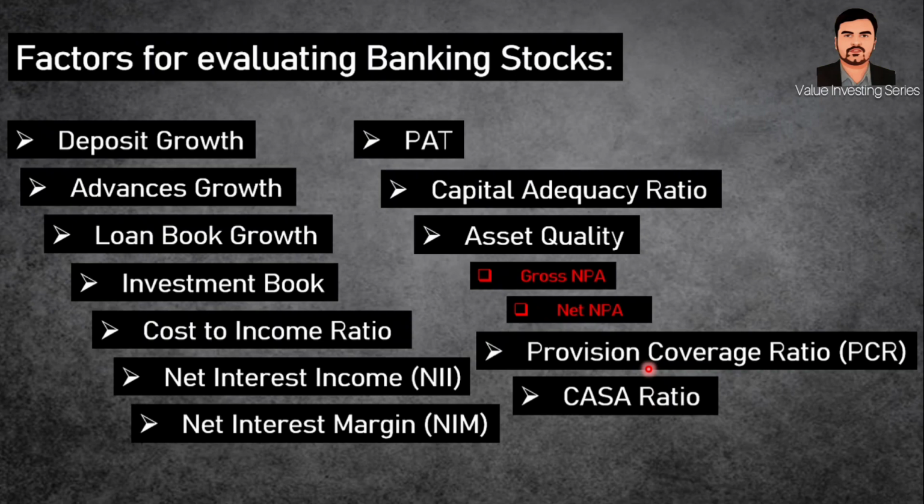So if a high CASA ratio is there, then there will be a lower cost of funds for the banks, because, as I told, deposit is a liability to the bank, and if they are getting free money like a current account, then they are getting more deposits at cheaper rates, and these deposits are lent out to various borrowers at a higher interest rate.